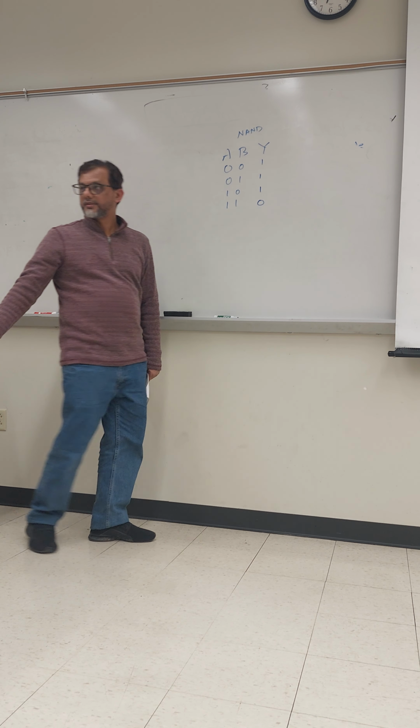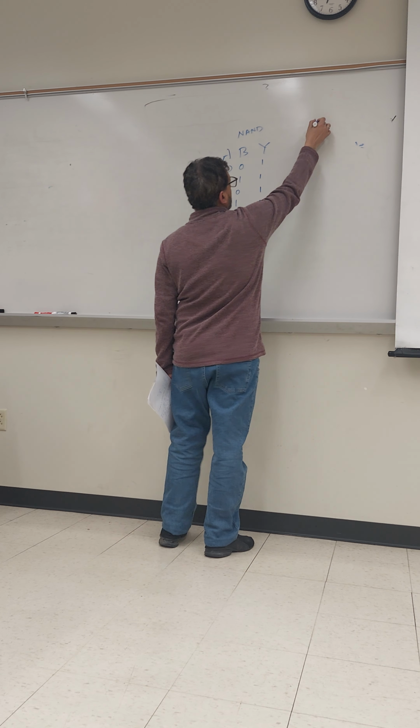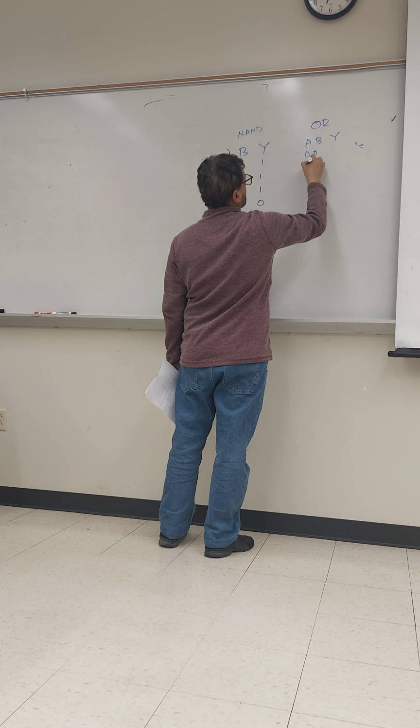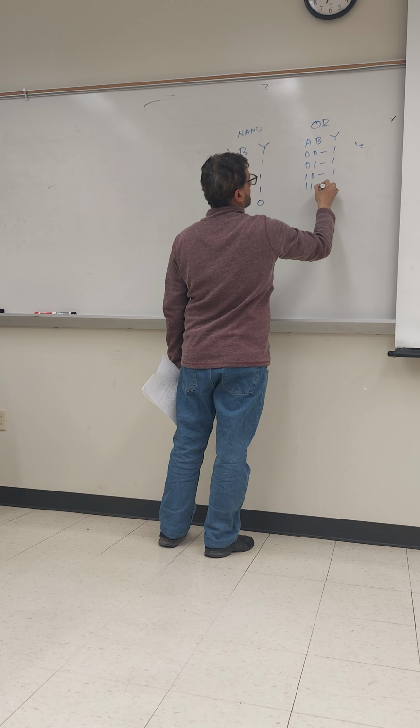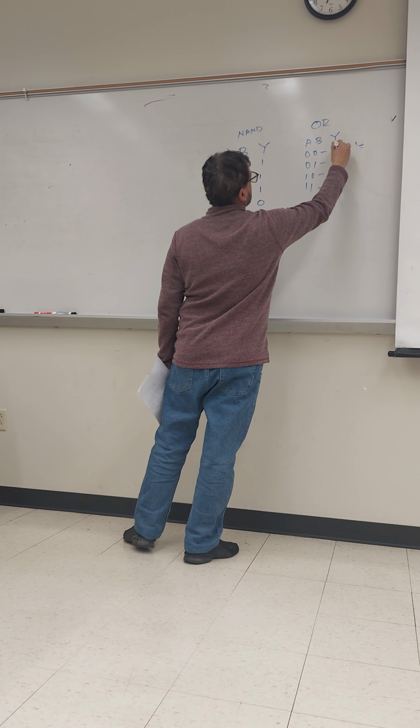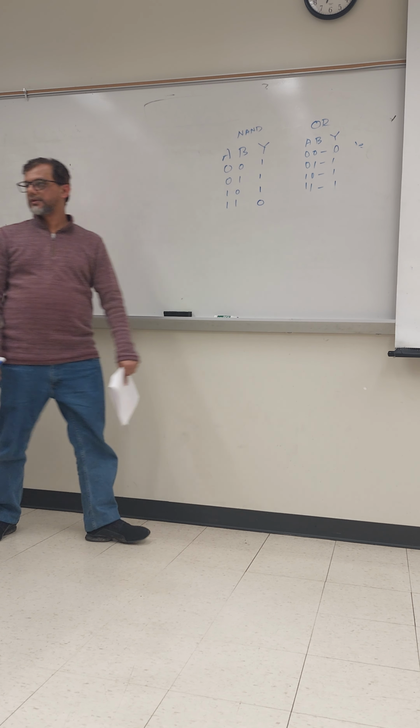Opposite to the AND gate. And for the OR operation, we can see the same 0, 0, 0, 1, 1, 0, 1, 1. It will be 0, 1, 1, 1, right?